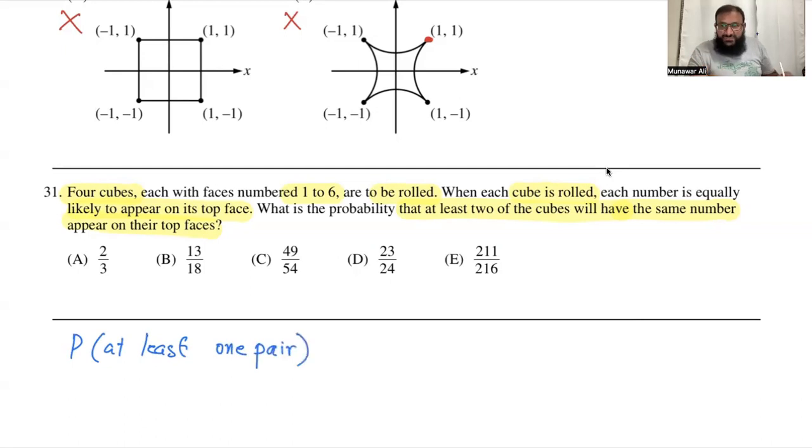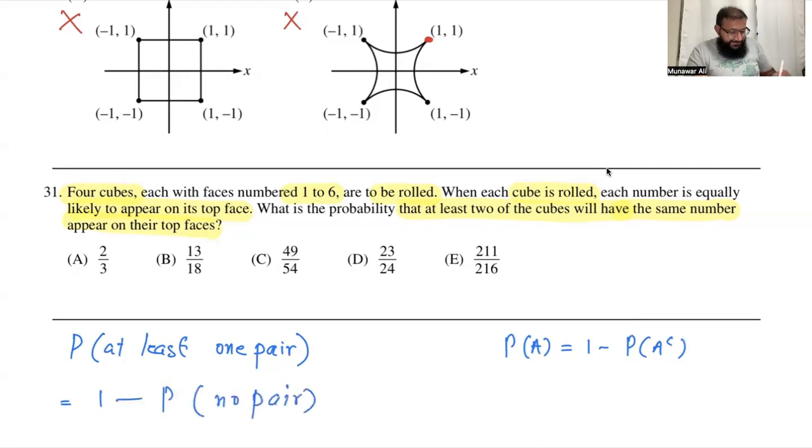We find this probability by using the complement law of probability that says P of A is the same as 1 minus P of A complement. So this probability is equal to 1 minus the probability of no pair.